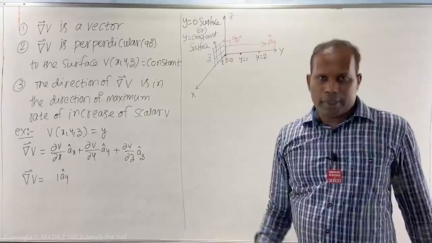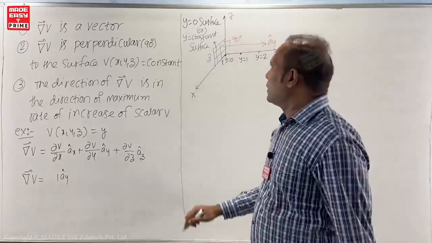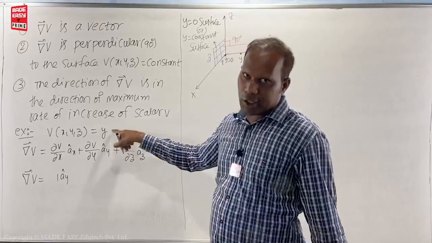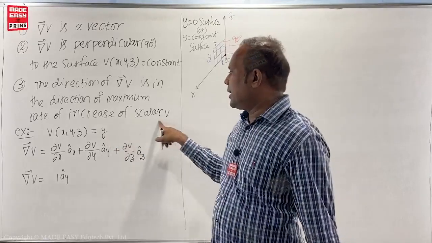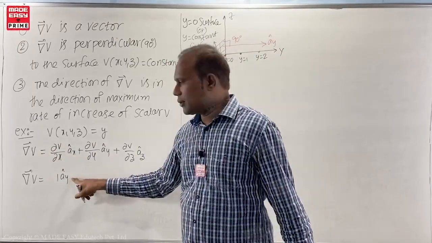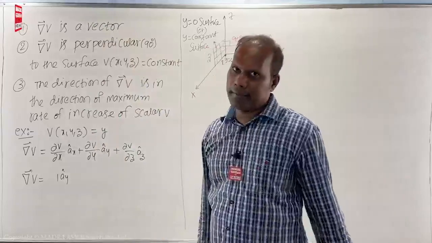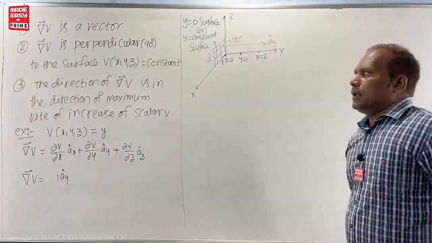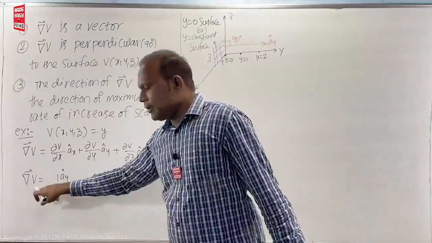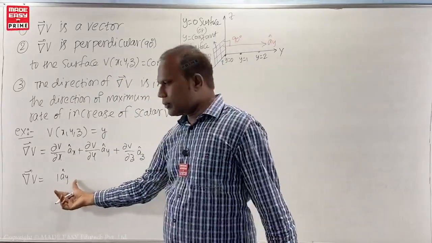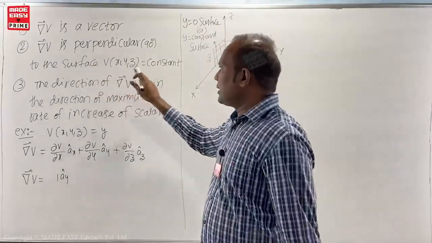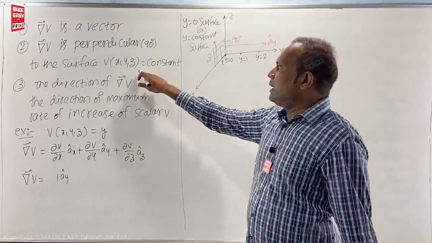Now you can understand all the points. Here v is y, no direction, so v is a scalar. And grad v has a direction, so grad v is a vector. Grad v is perpendicular, that means grad v, that is ay, is perpendicular, 90 degrees, to the surface v equal to constant.